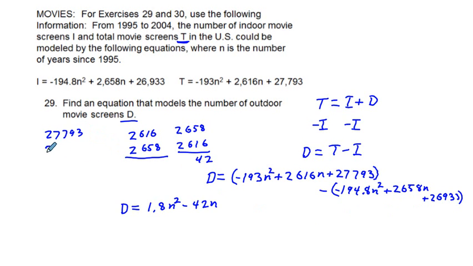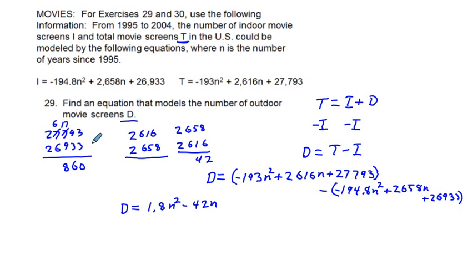That's going to be 0, 9 minus 3 is 6. We have this 7. I'm going to borrow this one here, make this 6, and make this one here 17. 17 minus 9 is 8, so that's going to be 860.